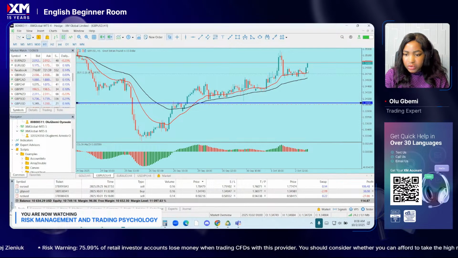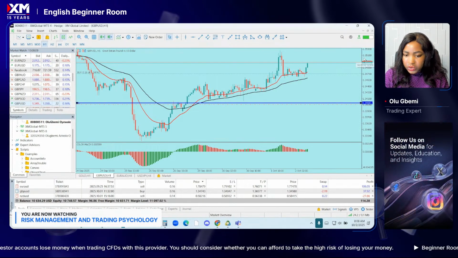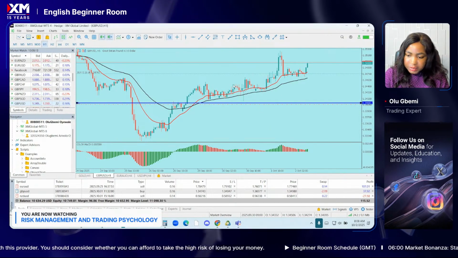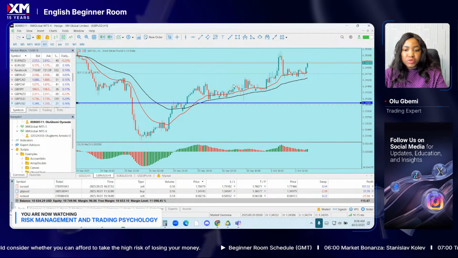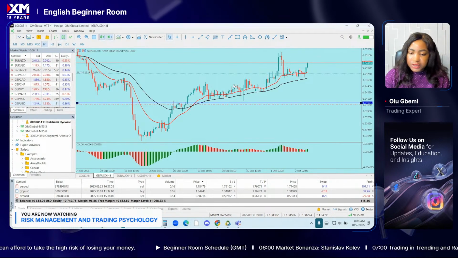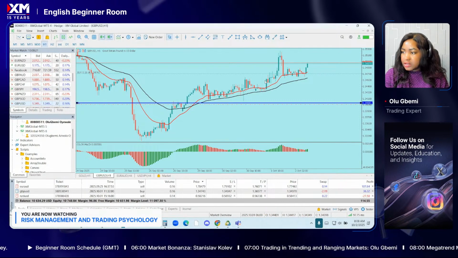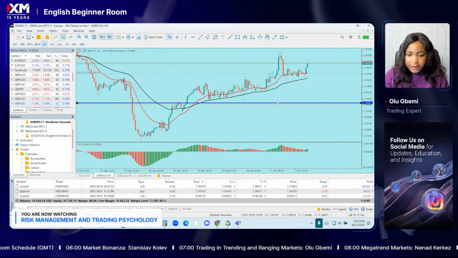The buy that I have ongoing is still supported, and yes, I'll hold on to this. If I am just coming into the market, what will my bias be? Still a buy. I'm still going to be looking to do a buy if I have just entered and am just analyzing the chart to find my trade idea here.